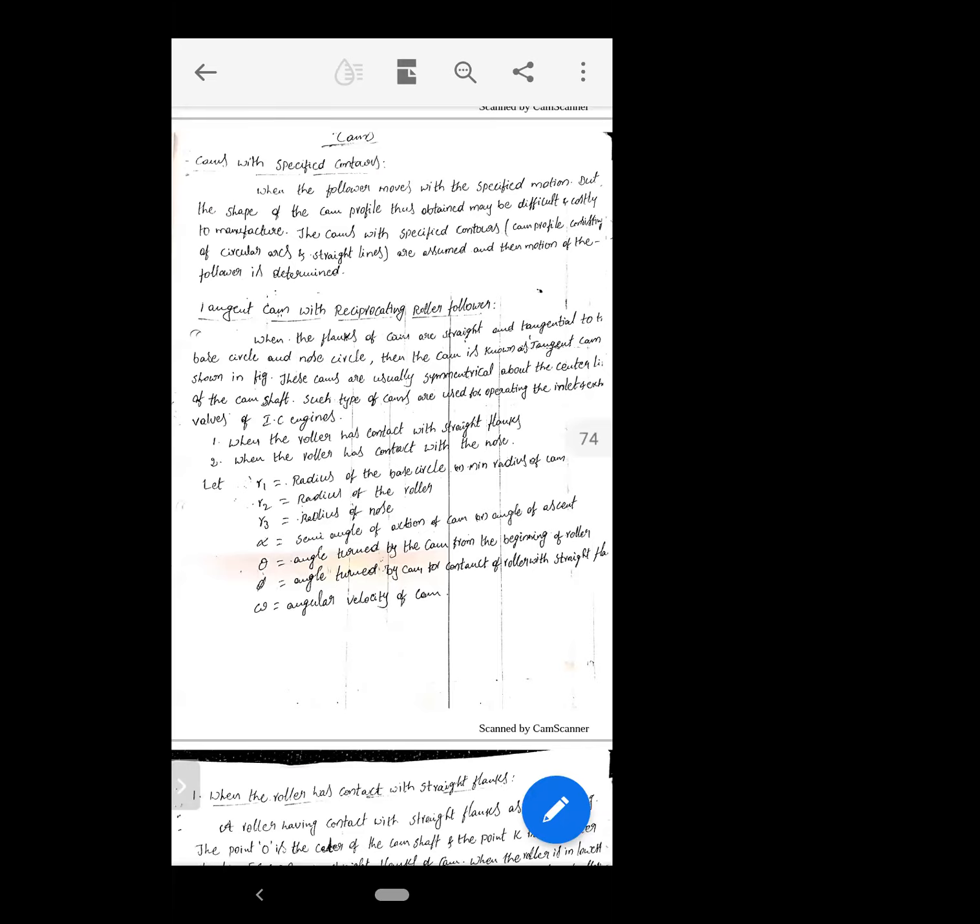In this, the first one is the tangential cam with reciprocating roller follower. All of you observe, what is the meaning of a tangential cam?